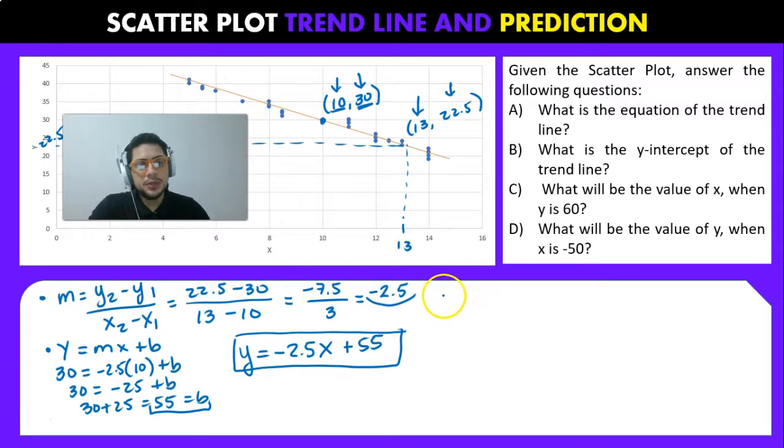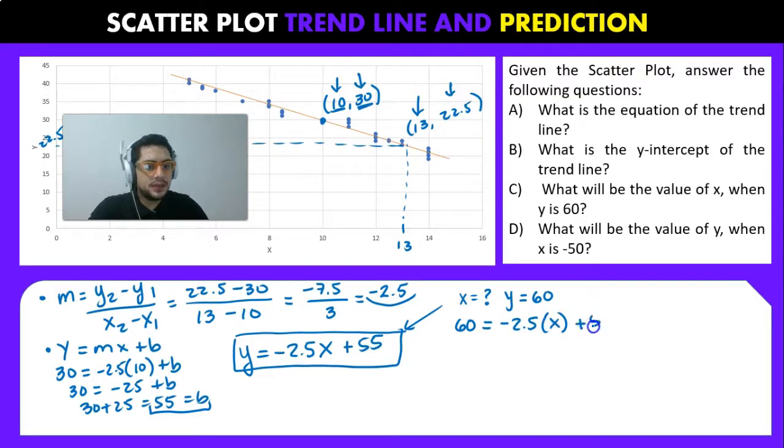Now, what we're going to do for question C is they're asking us what is going to be the value of x when the value of y is equal to 60. So what we can do in this case is we know that the value of x we do not know, but the value of y is going to be equal to 60. So the only thing we have to do is substitute in this equation. So y is equal to 60, and that is minus 2.5 times x, which we are going to look for, and then plus 55.